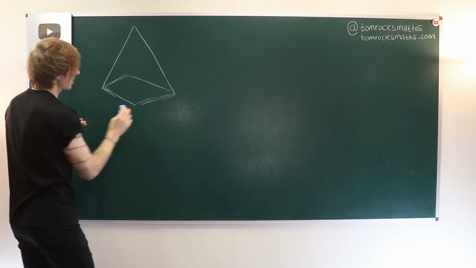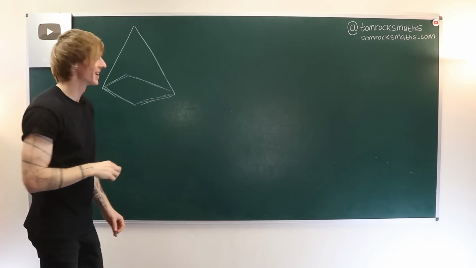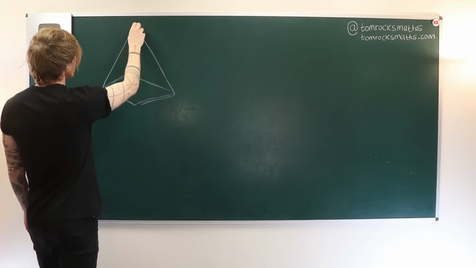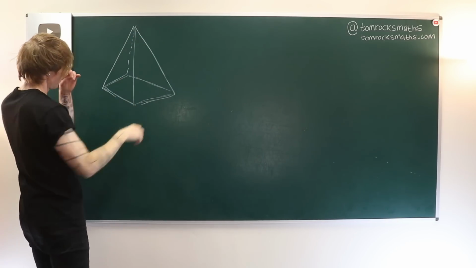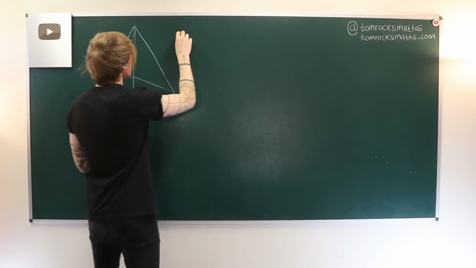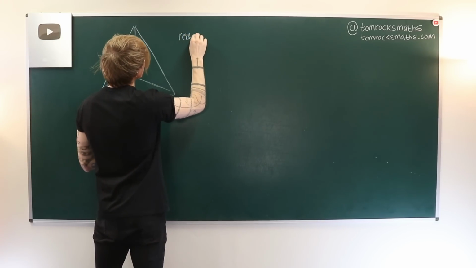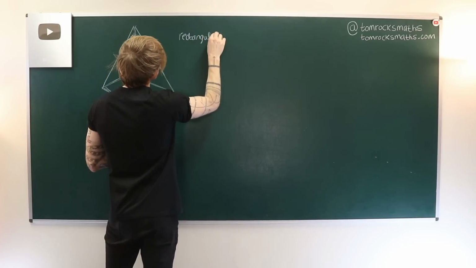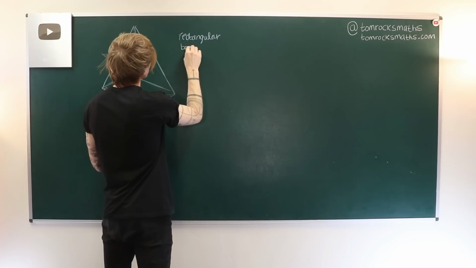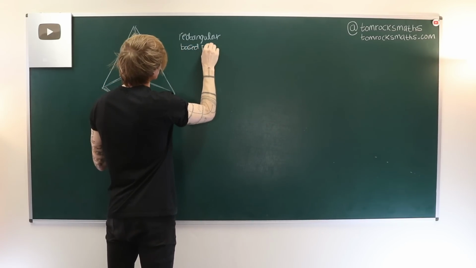So again, as usual, forgive my artistic talent or lack thereof. That one's going to be in the back. I'm going to have this one coming down to here. That's not too bad. So we have a rectangular based pyramid. And we will assume, as I mentioned, that this is regular. So, rectangular based pyramid, and we know all of the measurements.